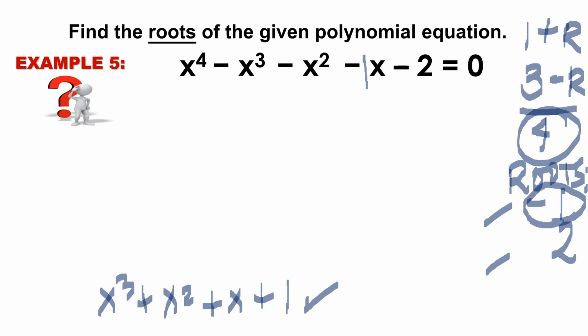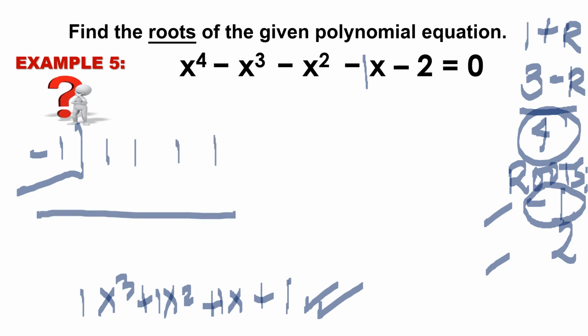Now, let's use this depressed equation for us to divide by -1. So, -1 and then 1, 1, 1, 1. How many ones? 1, 2, 3, 4. Bring down 1. 1 times -1 is -1. This will be 0 times -1, 0. 1 plus 0 is 1. 1 times -1 is -1.